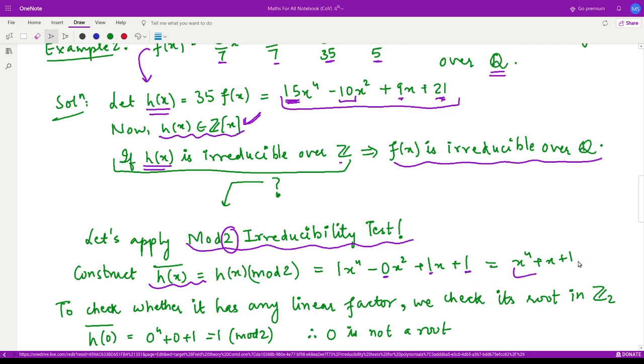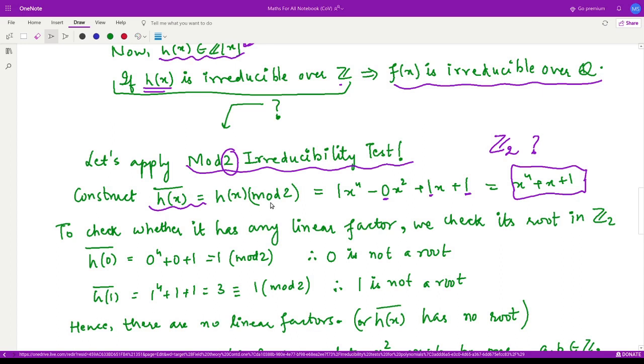Now we need to check whether this polynomial is irreducible over Z2 or not. We need to check whether it has any linear factors, because now we cannot directly apply the test which was defined for degree 2 and 3, since here the degree is 4. So we have to see if there are any linear factors or whether we can somehow factorize this polynomial.